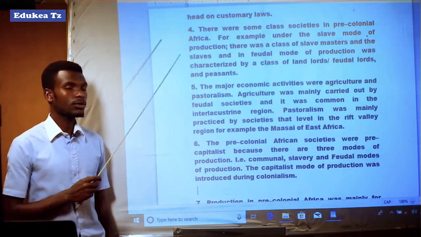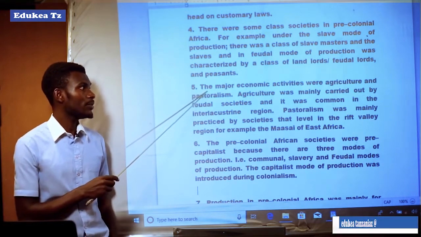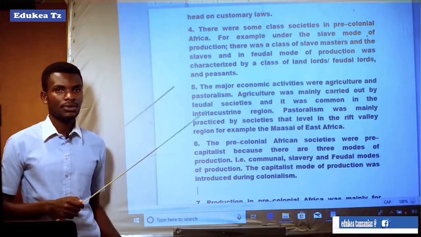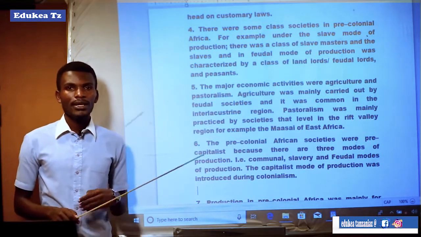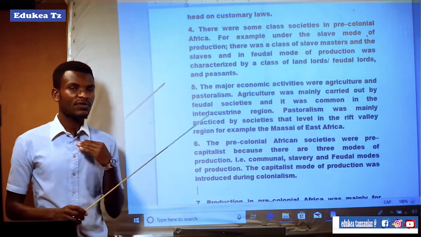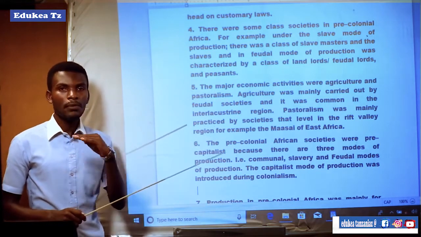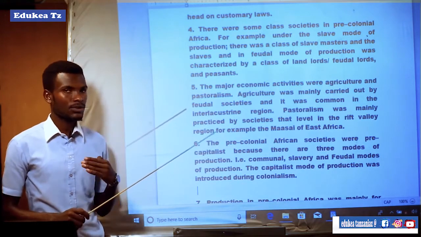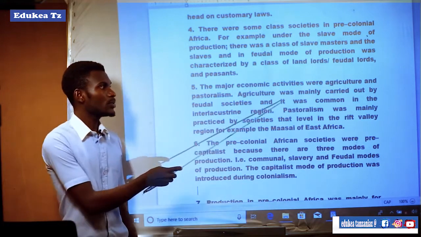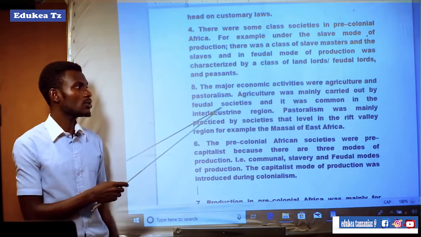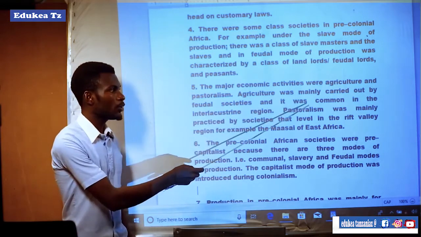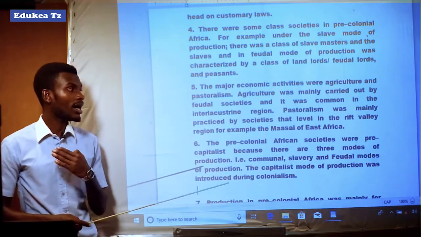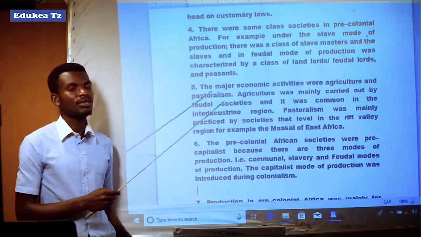Another feature of pre-colonial African societies was that the major economic activities were agriculture and pastoralism. Agriculture was mainly carried out by feudal societies, and it was common in the interlacustrine regions, I mean the areas around the water bodies.